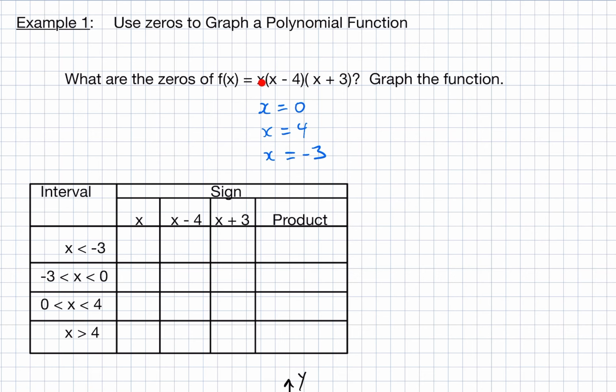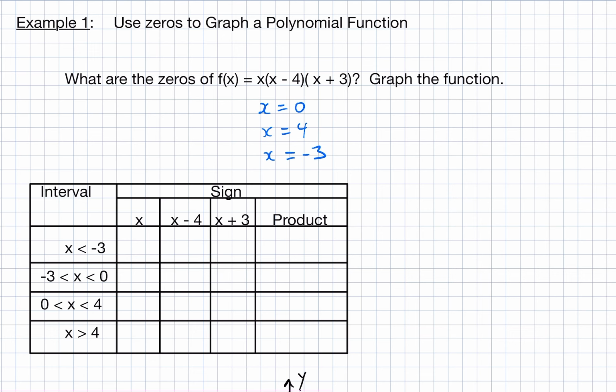When x is equal to 0, then this entire function is 0. That's why one of our options is x equals 0. Another option is if x minus 4 is equal to 0, and solving for x, we see that x would be 4. 4 minus 4 gives us 0, and so 0 times whatever value these are will make this function 0.